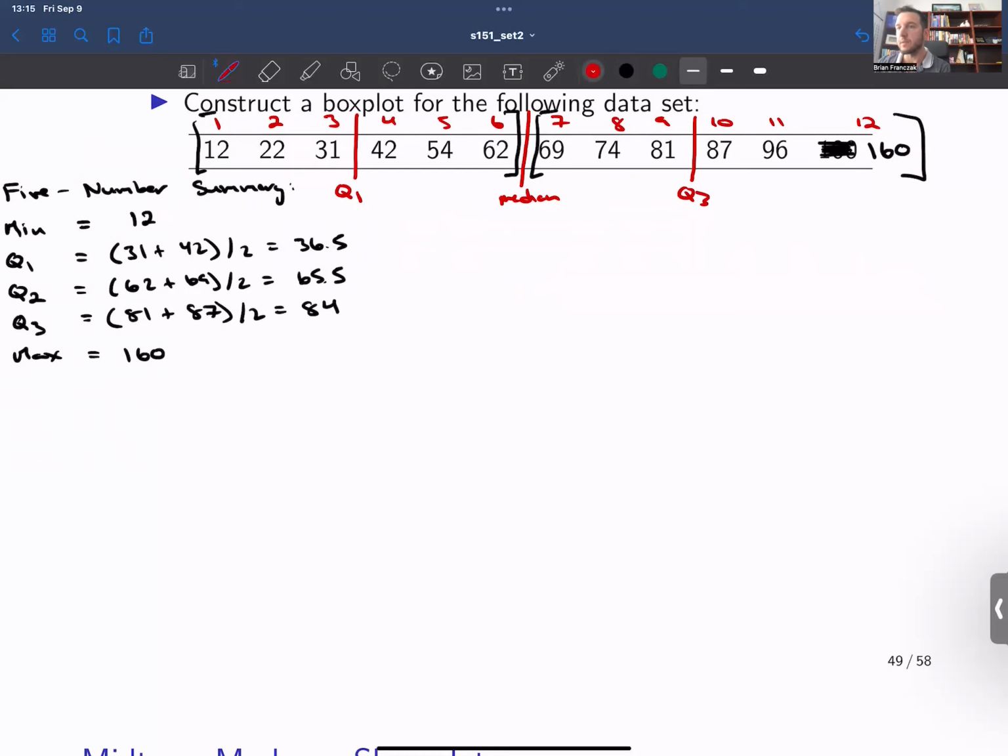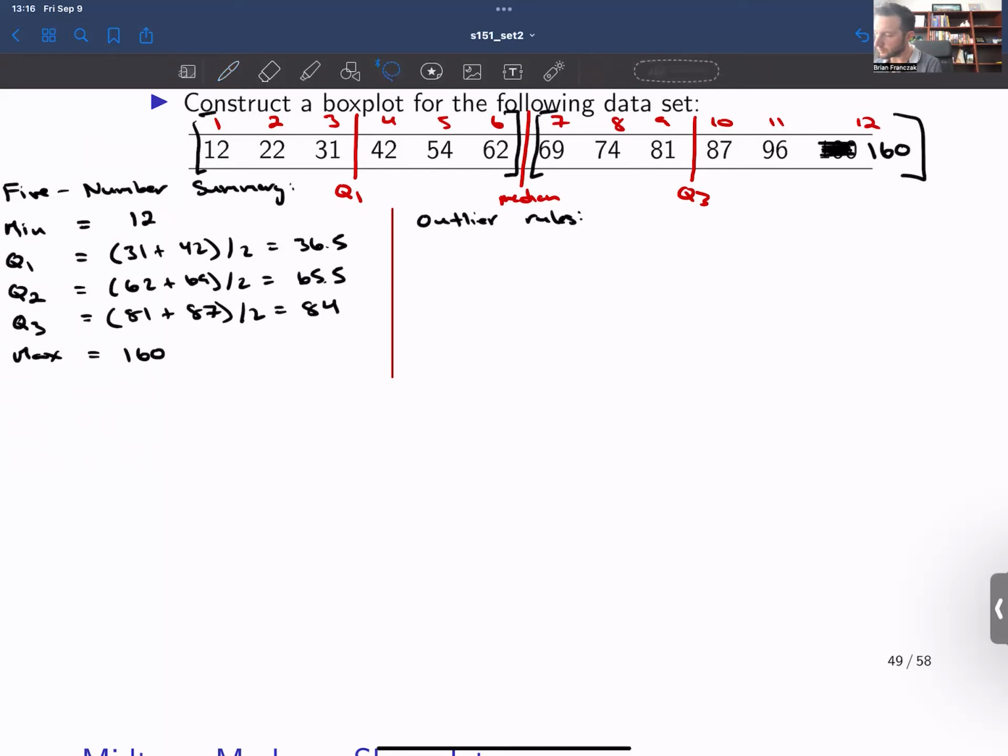Before I do that, I'm going to compute the rules to check for outliers. Okay, so this can be the second step or the third step, depending on how you want to approach your box plot construction. Okay. So we will call these outlier rules.